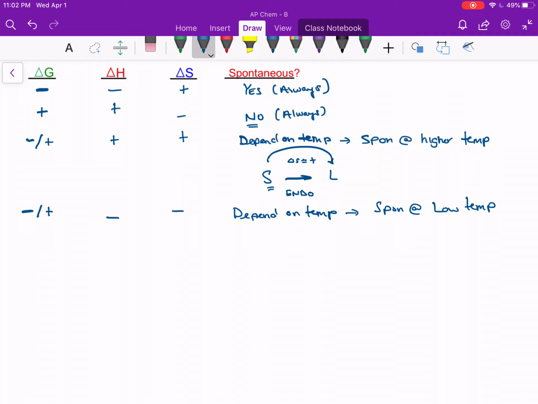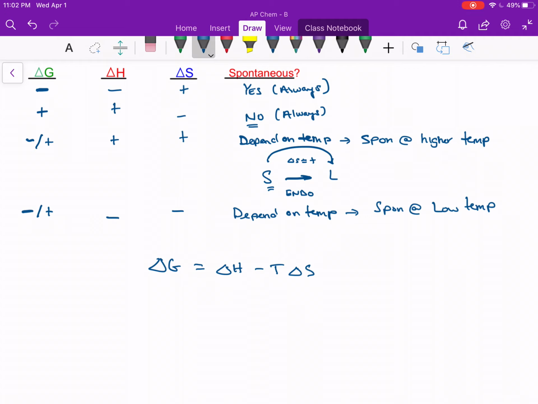And so you can see there's a relationship between delta H, delta G, and delta S. And there is fortunately a mathematical relationship that we're going to start using tomorrow. And that mathematical relationship is pretty simple. It's basically delta G is going to be equal to delta H minus T delta S.